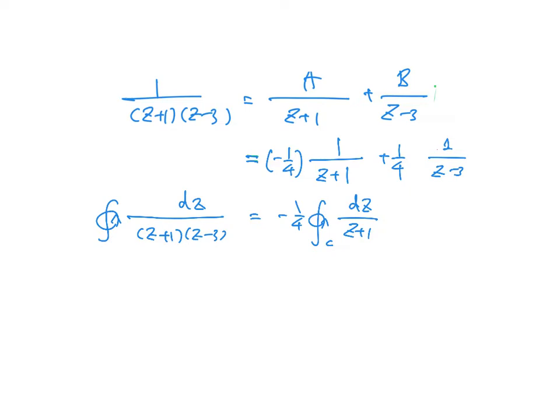We don't need to worry about the other one because it's outside of the circle. So only this term contributes, and this is 2 pi i. So this is simply minus 1 over 4 times 2 pi i, which is minus pi i over 2.